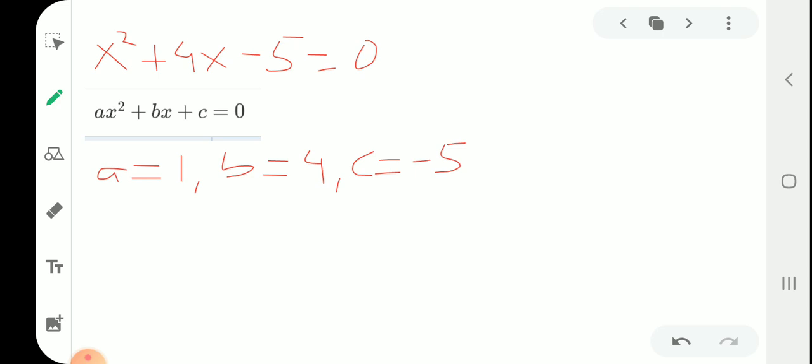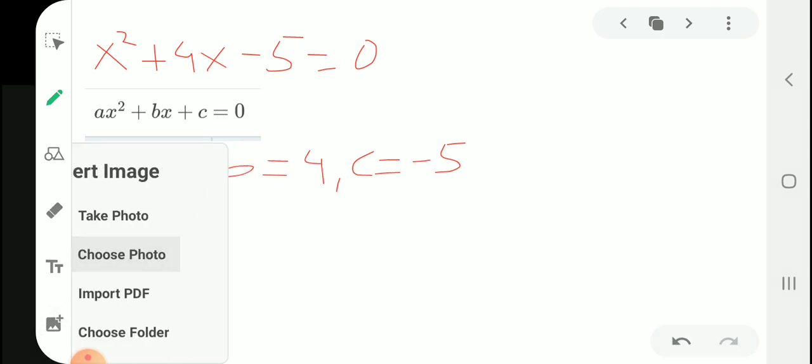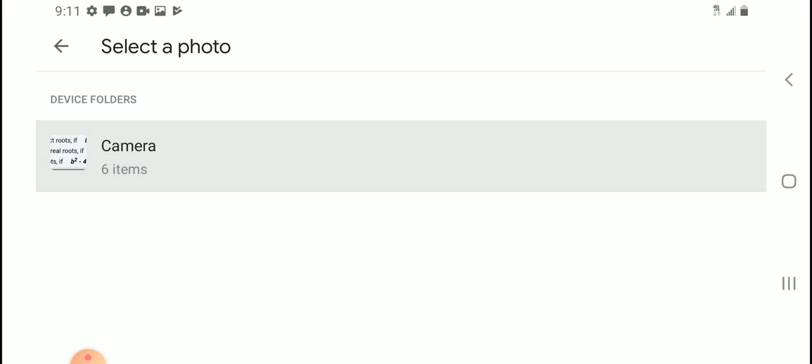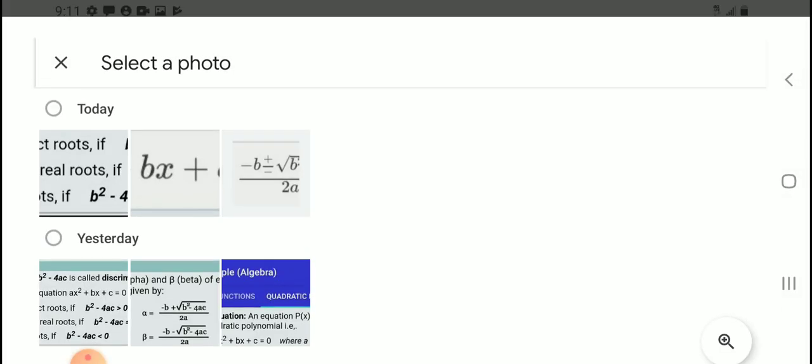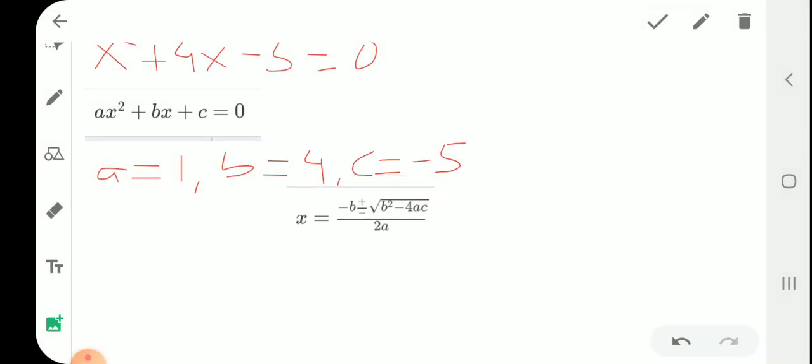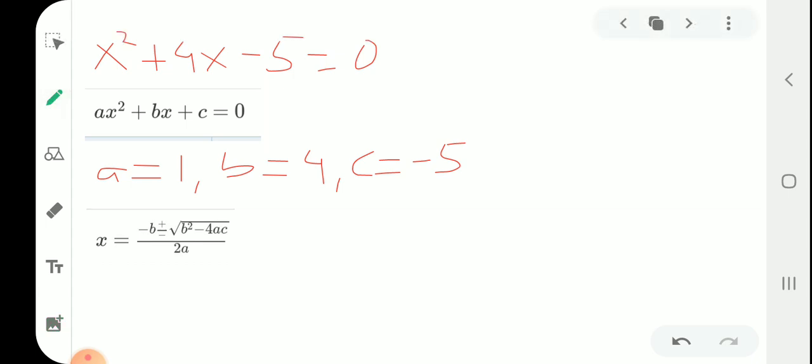And in finding the roots now, we have the formula. So this is our formula in finding the roots of a quadratic equation. What we're just going to do now is substitute the values for a, b, and c. So we have x equals negative 4, since our b is equal to 4, plus and minus.